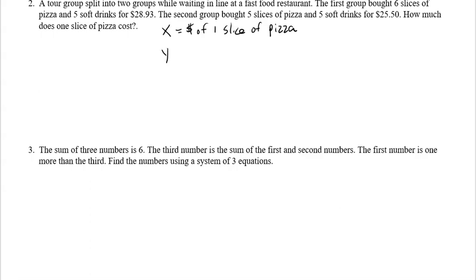And I'm going to let y represent the cost of a soft drink, because we're given these amounts that were paid as a group, a total of 6 slices of pizza and 5 soft drinks. So we're going to break it down and find out how much does each cost, 1 slice and 1 soft drink. Okay, so knowing this, that these are my variables, I'm going to write a system.